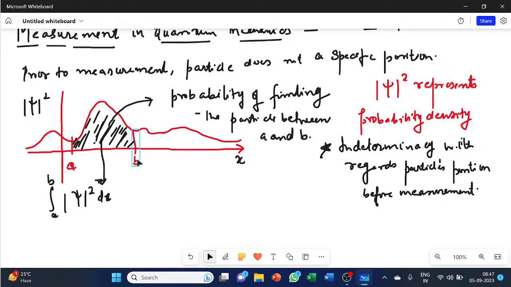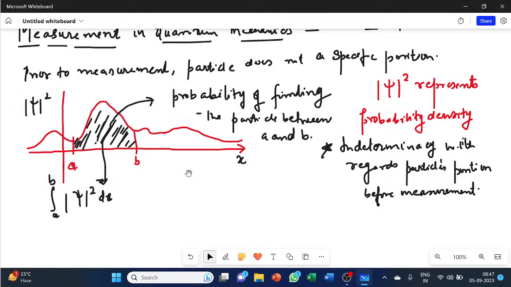It does not negate that there is a certain probability of finding the particle here as well. Let's say I'm trying to measure position. With all determination, I cannot say where my particle is. I can say yes, the particle is here and there prior to measurement.